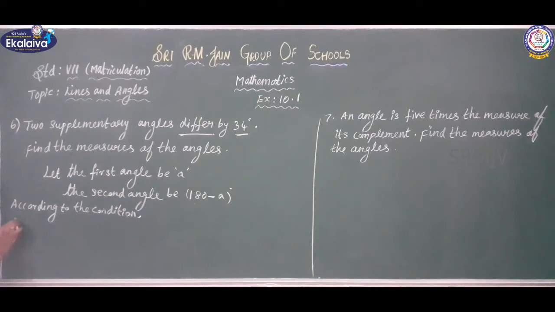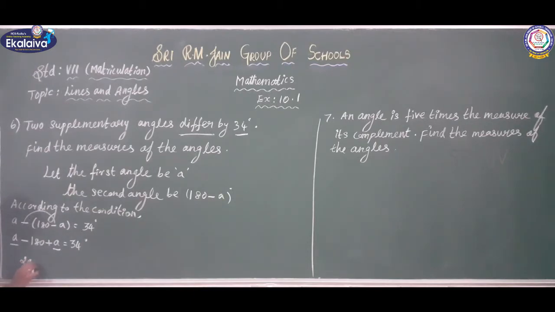Okay. So, A minus (180 minus A) equal to 34 degree. When we subtract this, what we are getting? A minus, here plus is there. So, minus into 180 is minus 180 and minus into minus A is plus A, equal to 34 degree. Okay. So, A plus A, what you will get, children? 2A. Okay.